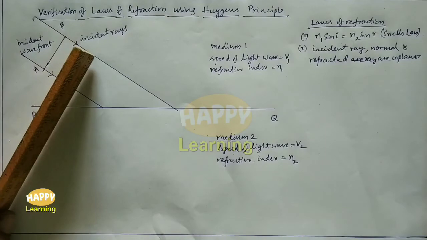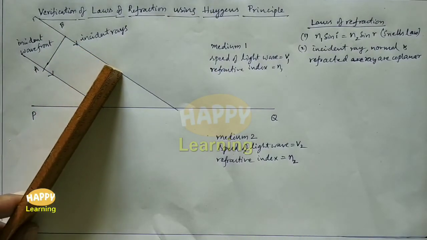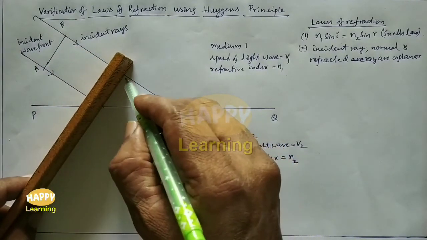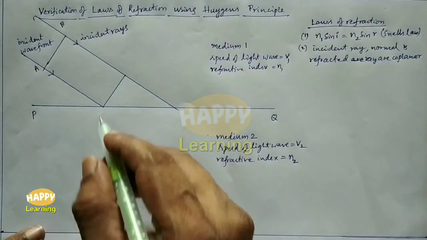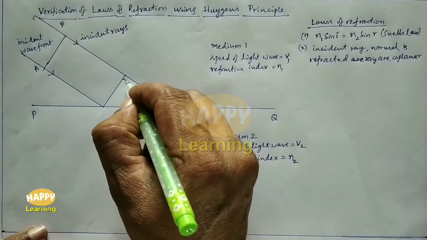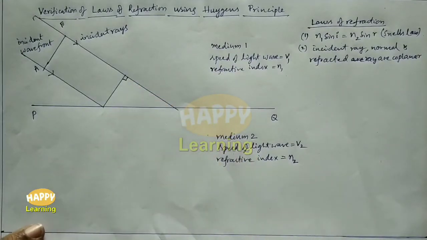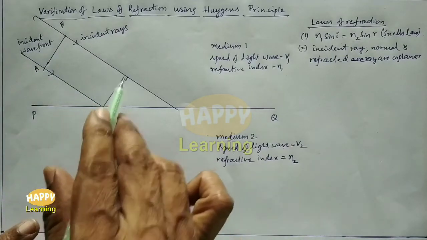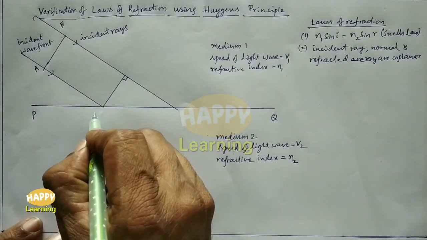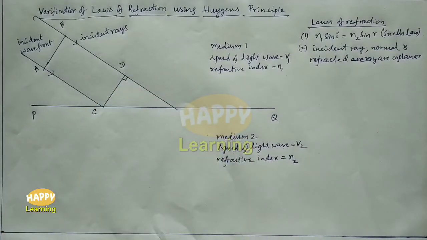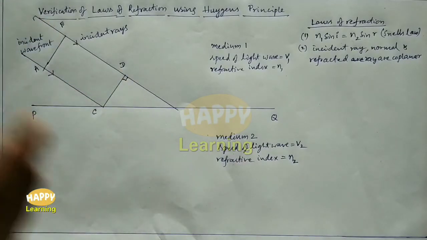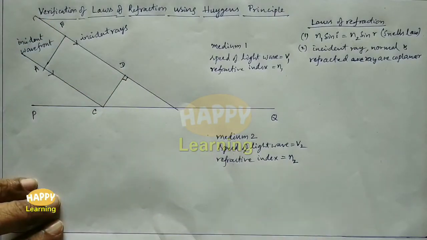Suppose it is moving like this, like this, like this. At this point, it touches this interface. So here it should be 90 degrees because always the light waves are normal to the wavefront. Incident wavefront AB, when it approaches the interface, touches the interface at point C. Let us call this wavefront CD.